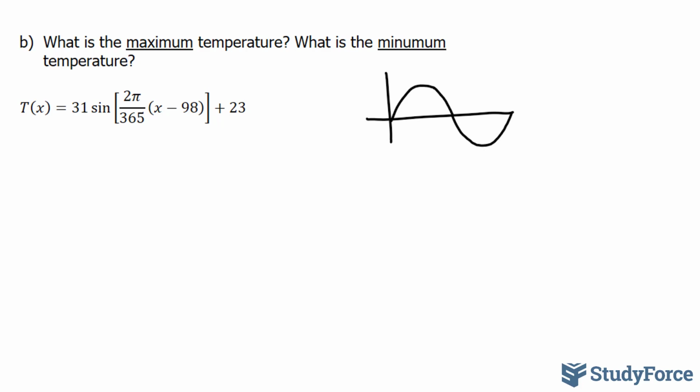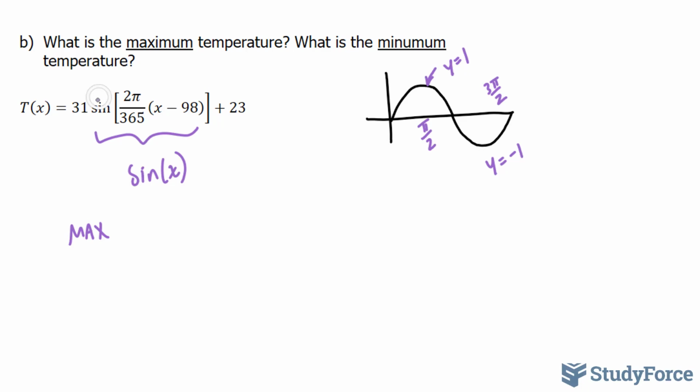All sine functions have a maximum at y is equal to 1 and a minimum at y is equal to -1. And this occurs at pi over 2 and 3 pi over 2. That being said, this part alone, pretend that this was sine x, the maximum it could go is y is equal to 1. So let's start with the maximum.